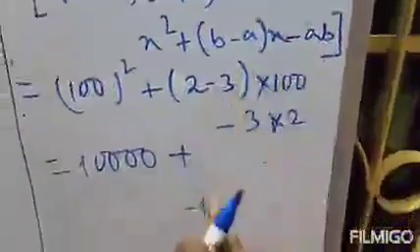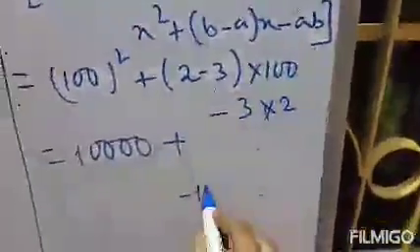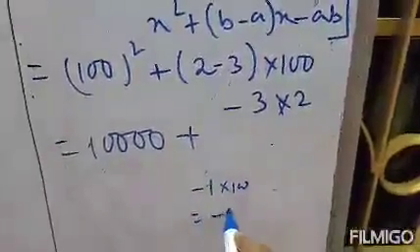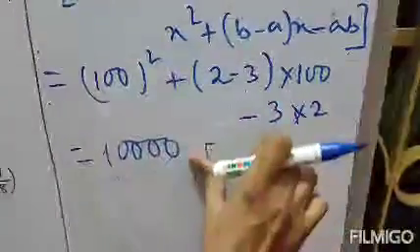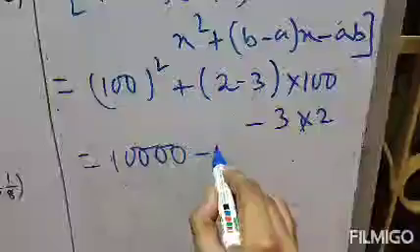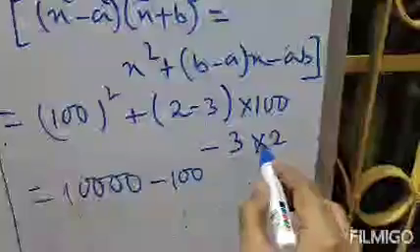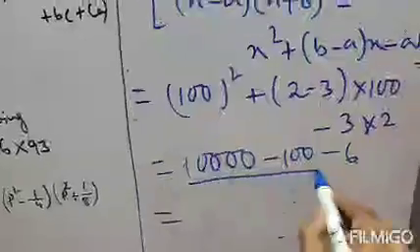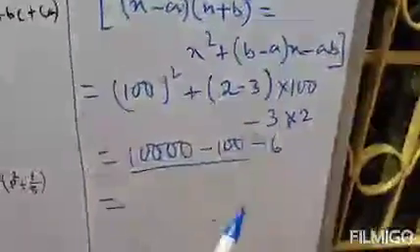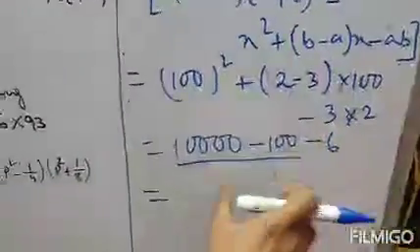Into 100 means minus 100. Clear or not? This will be your minus 100. Next, this is minus 3 into 2, that means minus 6. Yeah, this is very important.